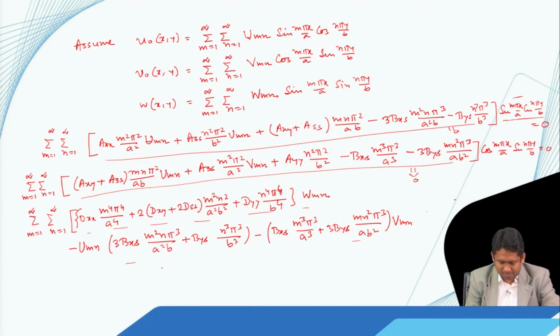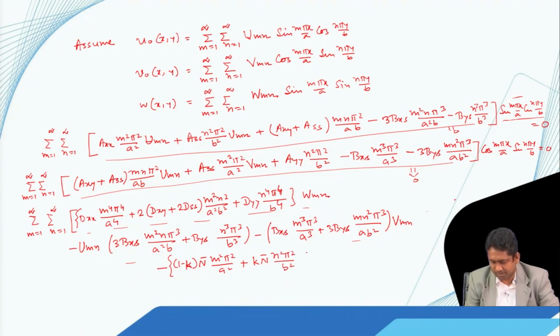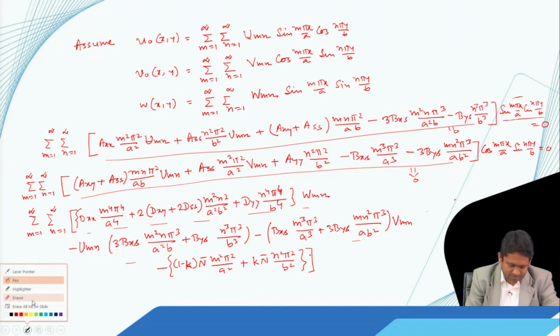So that will give us minus 1 minus k n bar into m square pi square by a square plus k n bar multiplied by n square pi square by b square, and finally everything is multiplied with Wmn, because other Wmn terms are already here.